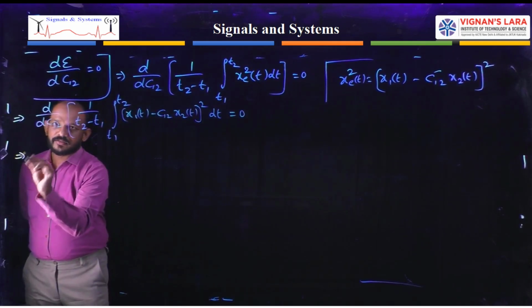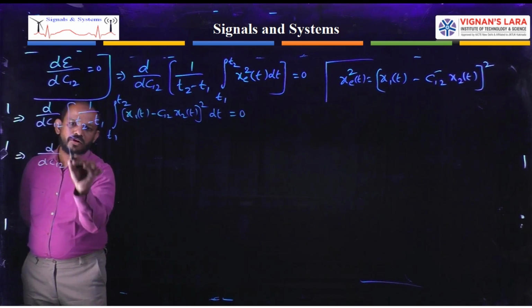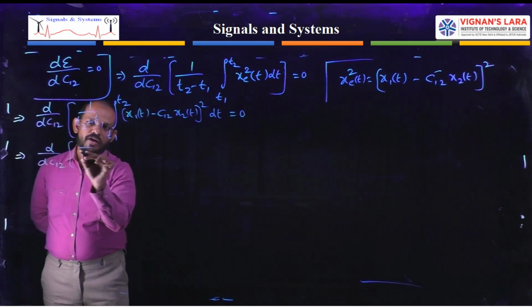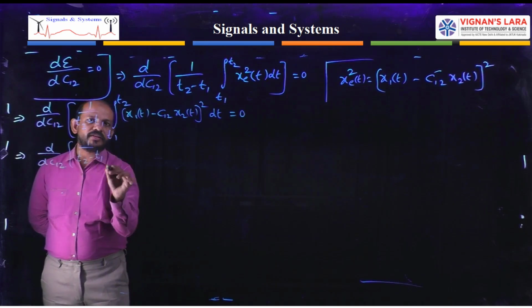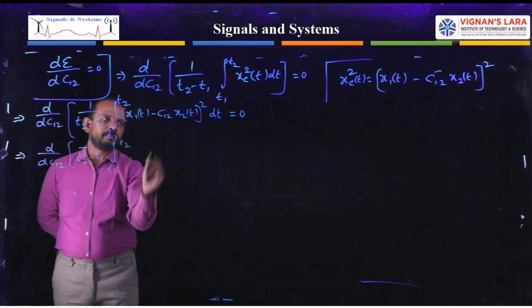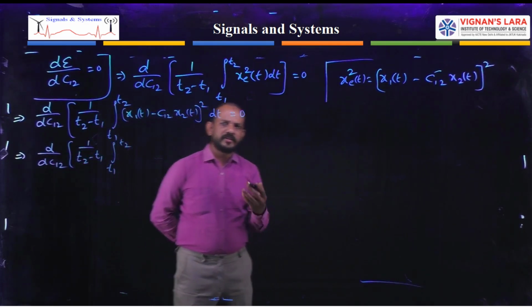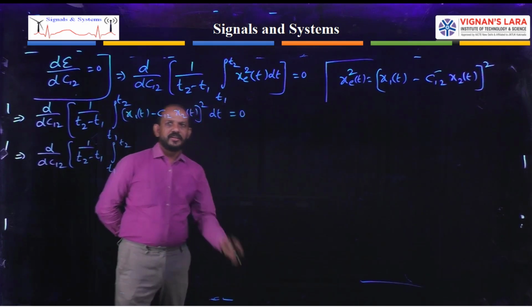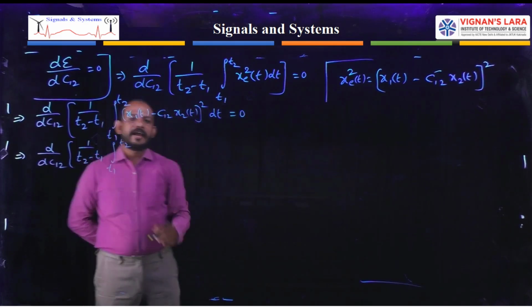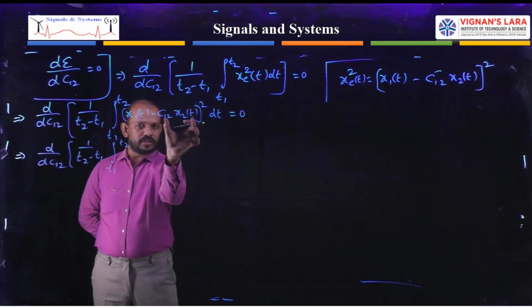Again, simplify. Differentiation with respect to C12 of 1/(t2 − t1) integral from t1 to t2 of (a − b) whole square. What is the formula for (a − b) whole square? a square minus 2ab plus b square. Consider x1 of t as a, and the whole term C12 x2 of t as b.